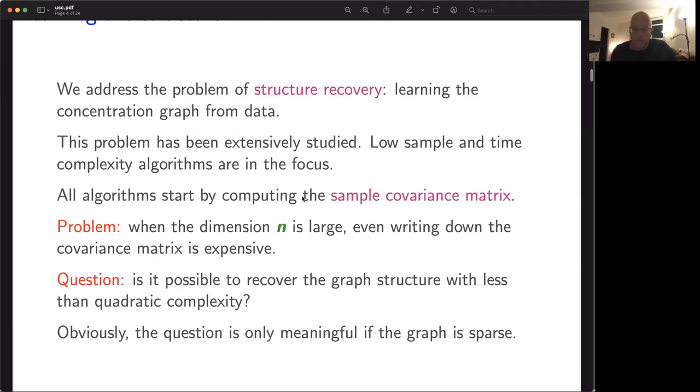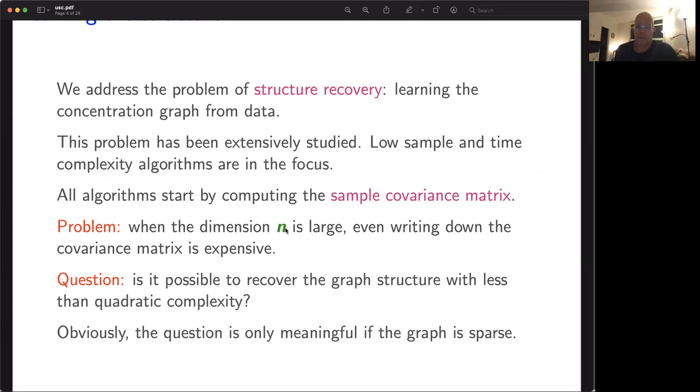Now all algorithms, all of them, start by computing the sample covariance matrix. So everything is based on the sample covariance matrix. The problem is that when n is 1 million, then the sample covariance matrix is a 1,000,000 by 1,000,000 matrix, and such examples really exist. Mostly in biology, where you want to recover phylogenetic trees and stuff like that, this n can be really large.